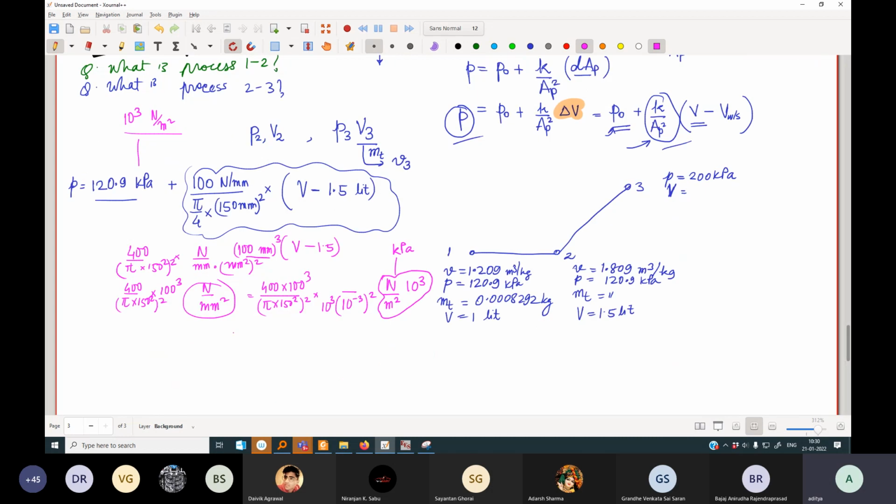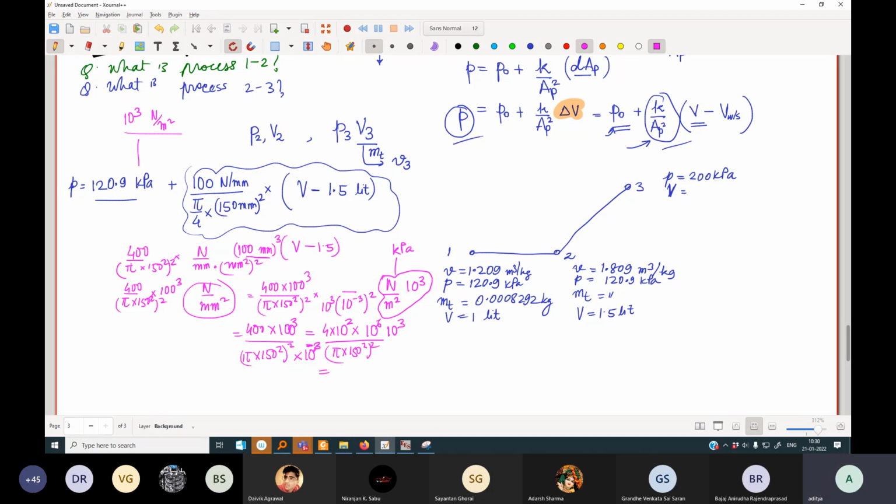Finally we get 400 into 100 cubed over pi into 150 squared whole squared into 10 to the power 3. So 10 to the power 3 cancels out with one of these, so we get 10 to the power minus 3. And this is 100 cubed, so this is 4 into 10 to the power 2 into 10 to the power 2 to the power 3, 6, divided by pi into 150 square whole square. And this 10 to the power minus 3 goes upstairs and becomes 10 to the power 3.